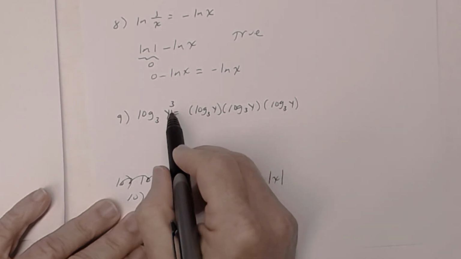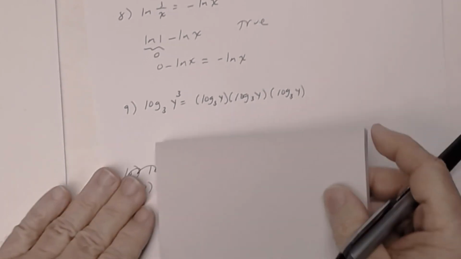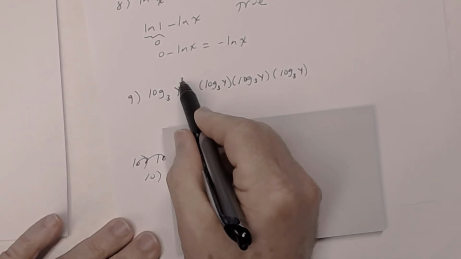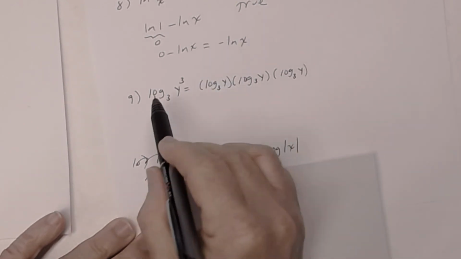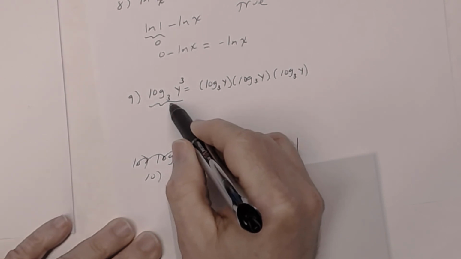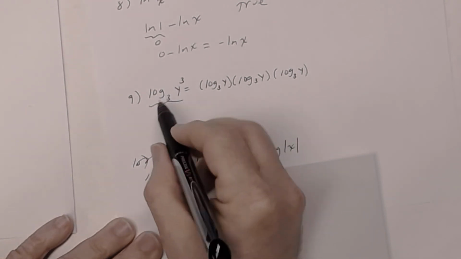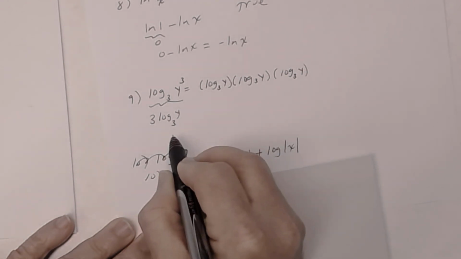So remember, you've got to be careful. Let me go ahead and write it on here. The exponent is only the exponent of this base. So then I can use the power rule here. So that becomes 3 times the log of y base 3.